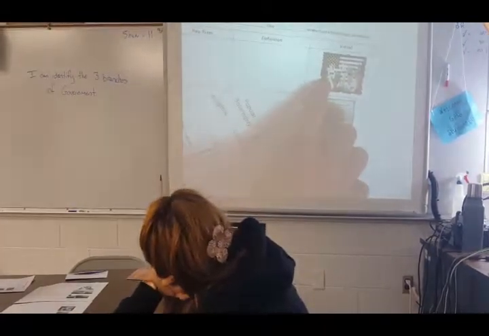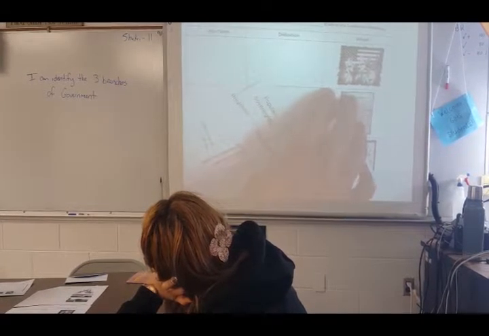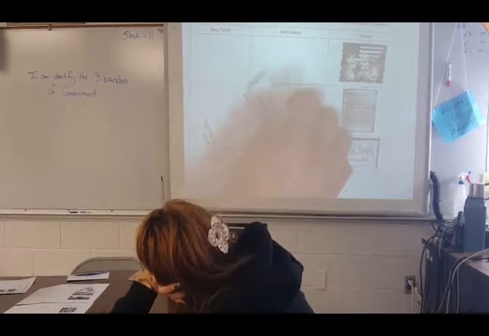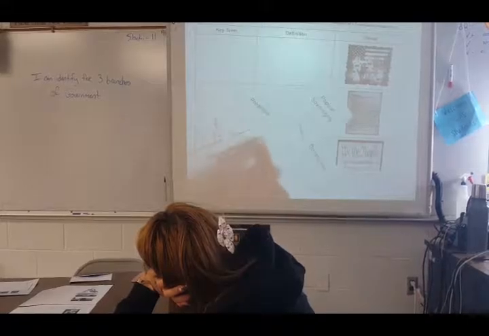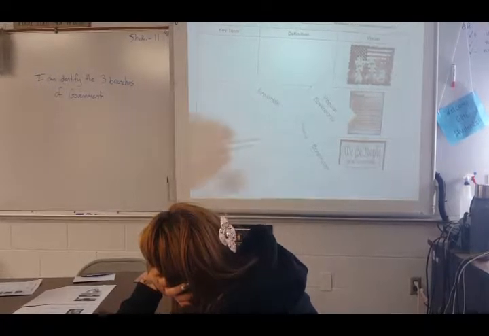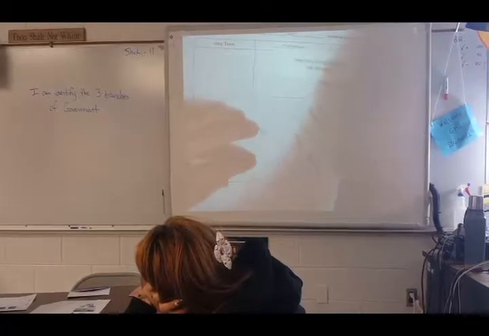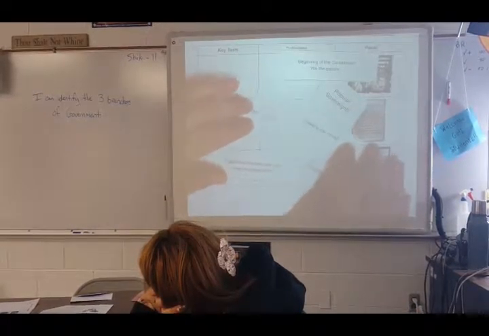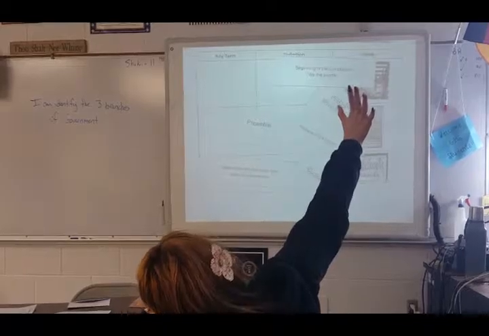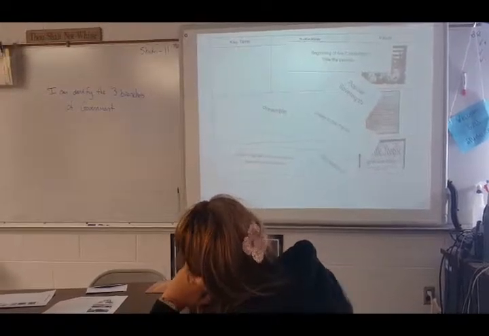Alexandra? People voting. Okay, so people are exercising their right to vote. Do you see any words here that would possibly be about voting or people having power? Power to the people. Okay, power to the people.